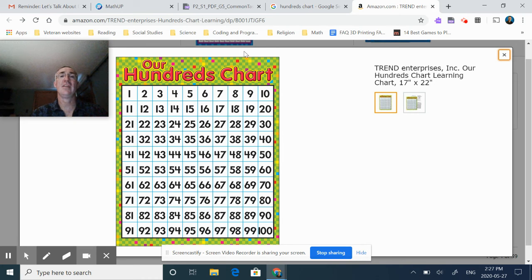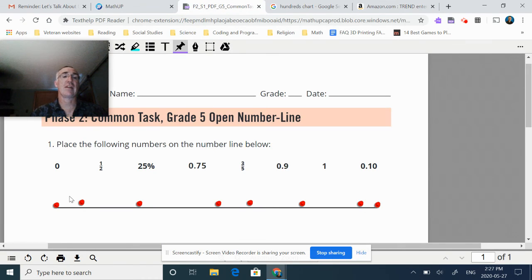If I think of my number line, if I was to do some skipping here, there would be 2 tenths, 3 tenths, 4 tenths, 5 tenths, 6 tenths, 7 tenths, 8 tenths, 9 tenths, 10 tenths.